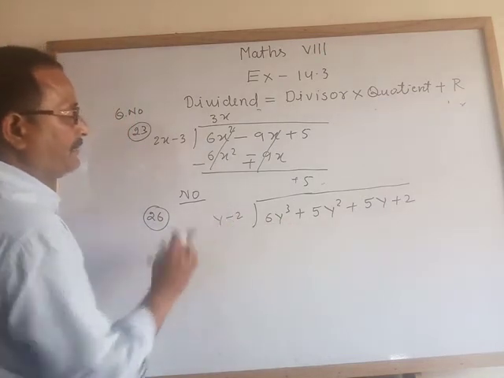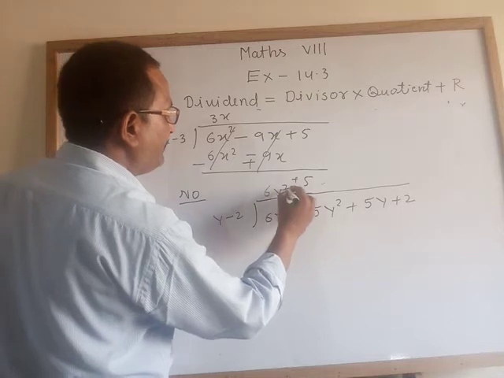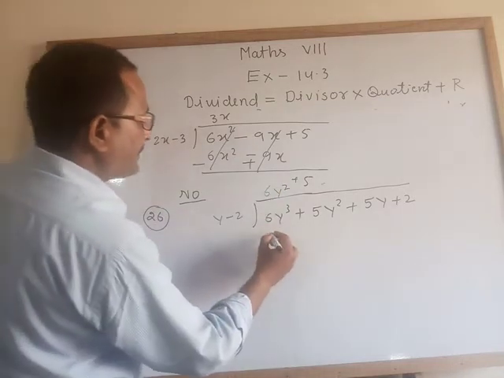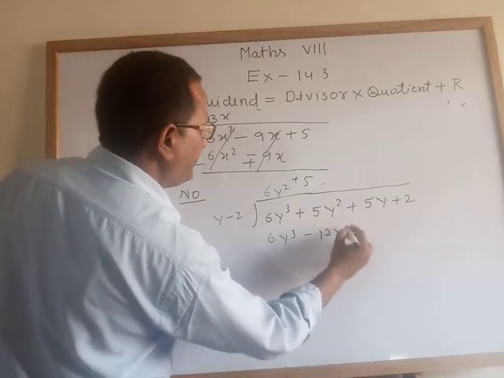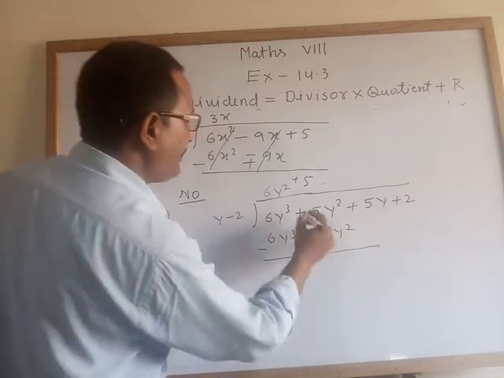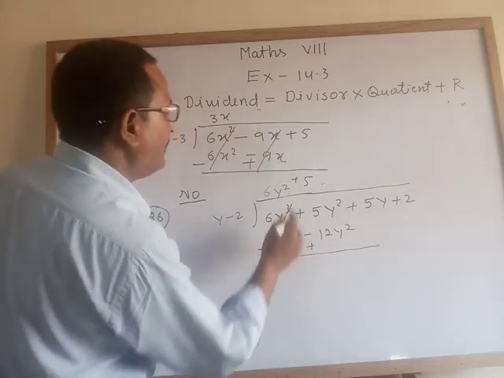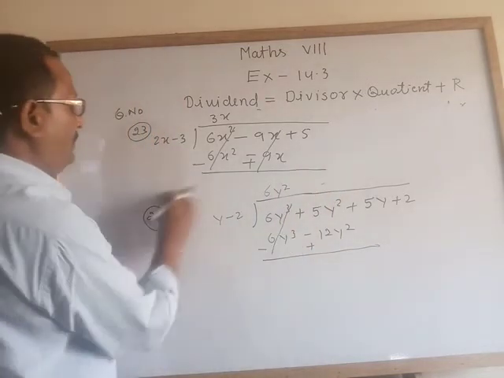First term divided by first term, 6y square. 6y cube minus 12y square. Subtract, minus plus, cancel. This one is the remainder of this. I am going to end this first question off.